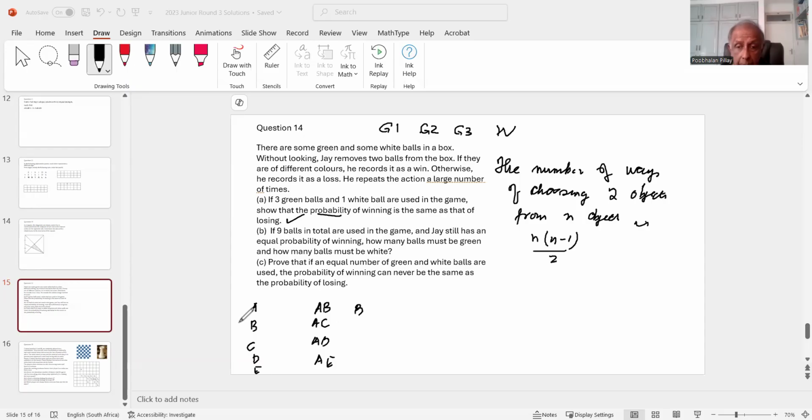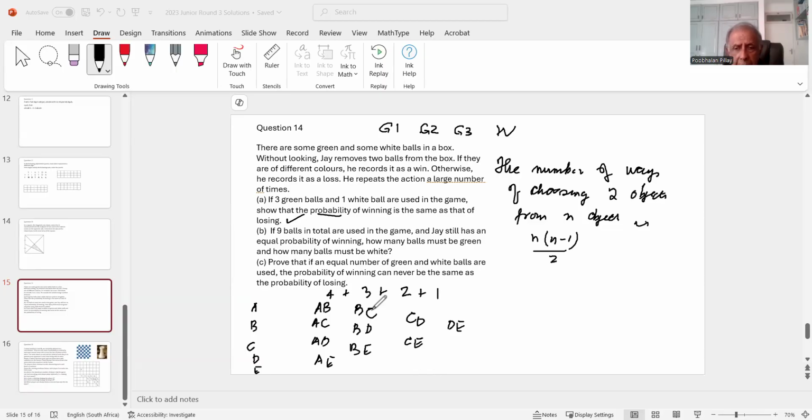Now you start with B. You're not allowed to choose A anymore because we finished with A. You can go to BC, BD, BE, right? So that finishes that. And then you can go to C. You have CD, CE, and then finally you have DE. Those are the only ways in which you can choose two objects. Altogether, you got 10. You can see 4 plus 3 plus 2 plus 1. But I'm not going to say 10. I'm going to put 4 plus 3 plus 2 plus 1.